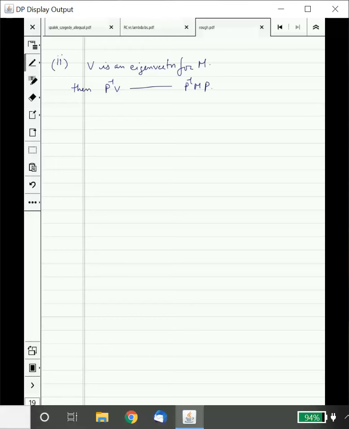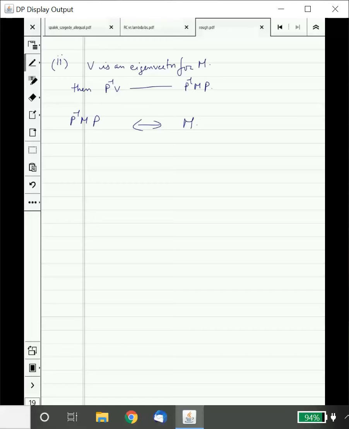This shows the complete proof. So we will remember that P inverse MP and M are similar matrices, just looked at differently. If I'm looking at M in a different basis, then it will become P inverse MP.